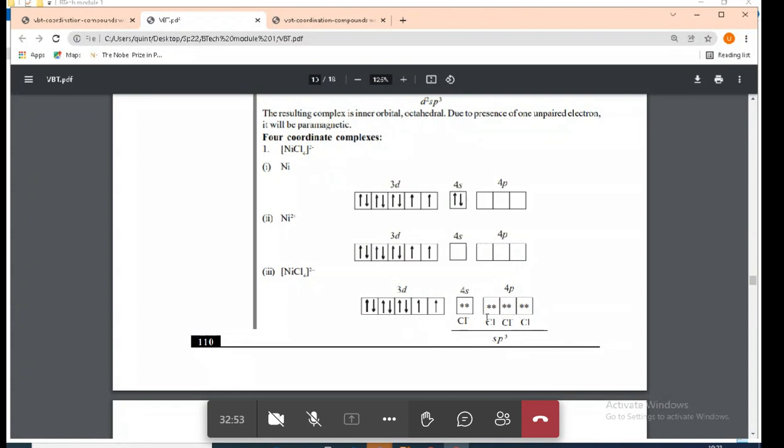So in the 4 coordinated complexes, you can have either tetrahedral, that is sp3, or dsp2, that is square planar. So 2 types of structures are possible.